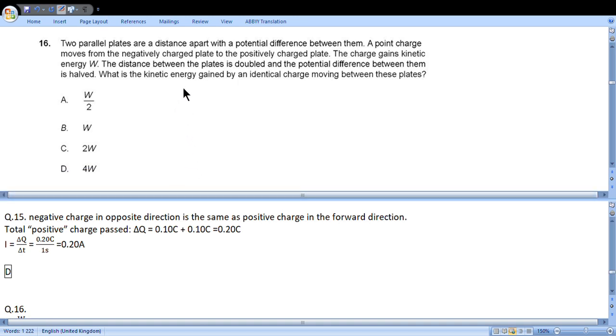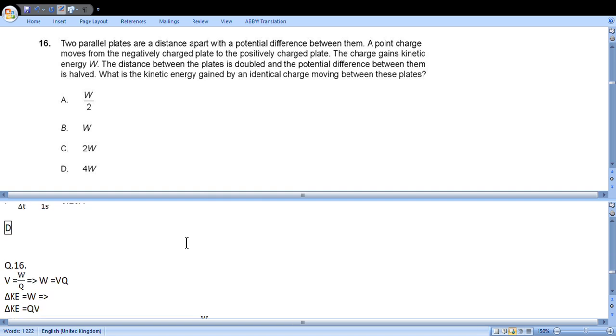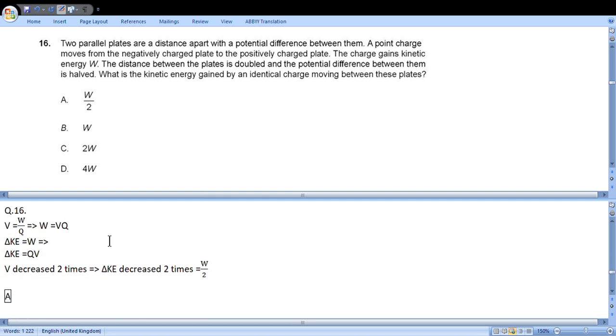Two parallel plates are a distance apart with a potential difference between them. A point charge moves from the negatively charged plate to the positively charged plate. The charge gains kinetic energy W. The distance between the plates is doubled and the potential difference between them is halved. What is the kinetic energy gained by an identical charge moving between these plates? Energy and work will be potential difference multiplied by charge.